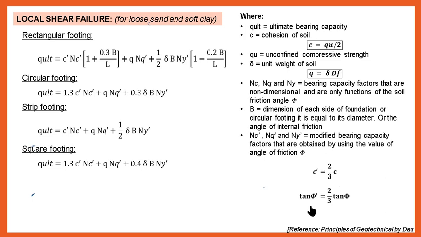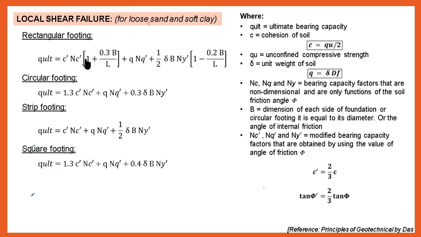And yung tangent phi prime natin is also equal to 2/3 nung tangent of phi natin, yung angle of friction. So, yan yung mga kailangan natin in solving for the ultimate bearing capacity of a given footing. Okay?